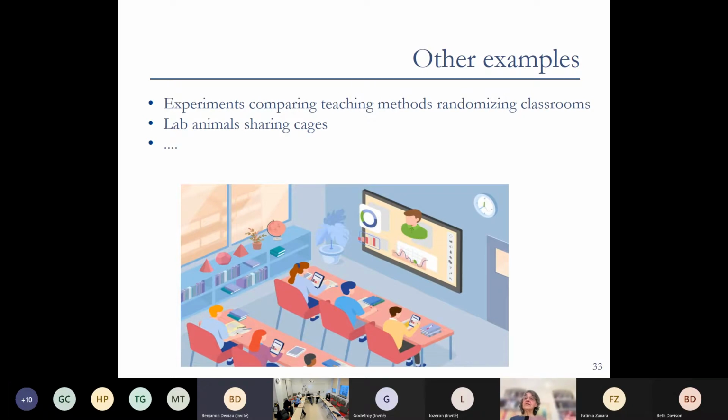So here's another one, and you'll see this in the educational literature a lot: experiments comparing teaching methods. You randomize the classroom. So you have 30 kids in the class and 30 kids in another class, and you have different teaching methods.